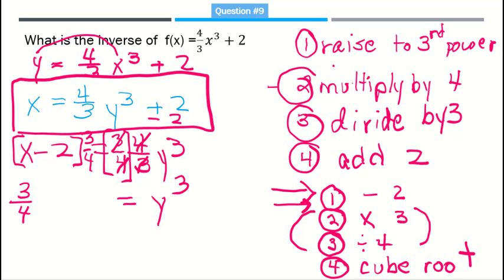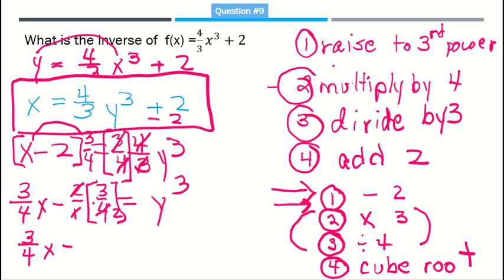Let's go ahead and distribute that. 3/4 x minus 2/1 times 3/4. 2 goes into 4 2 times, and so this becomes 3/2. Let me just go ahead and write this here so it's not as messy. 3/4 x minus 3/2 equals y to the third.